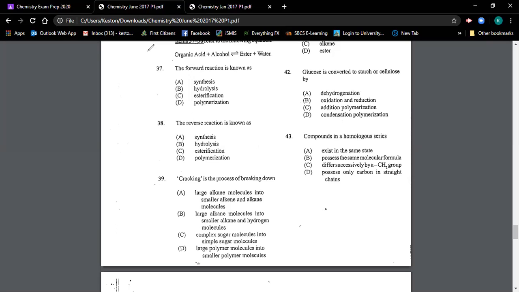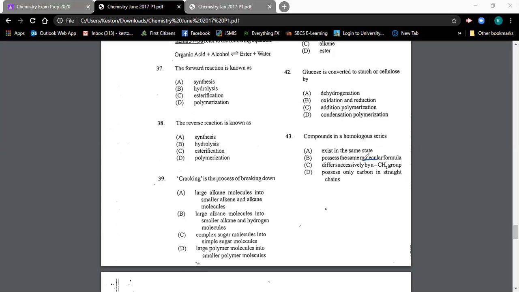Actually, they do not all exist in the same state, because for alkanes or alkenes alone, the smaller ones are gases, and as you get bigger, they become liquids and solids. The molecular formula changes.